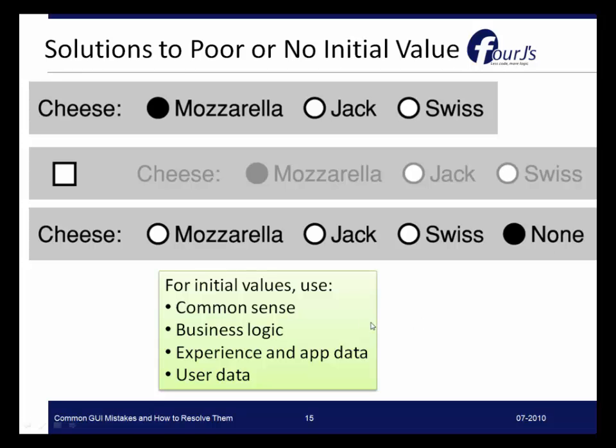Now, how do you determine what the initial values should be? Well, it's recommended that you use, number one, common sense, number two, business logic, or look at the experience and the application data on how many users select which option. So by popular use, you can help to define your initial value, and also on user data.